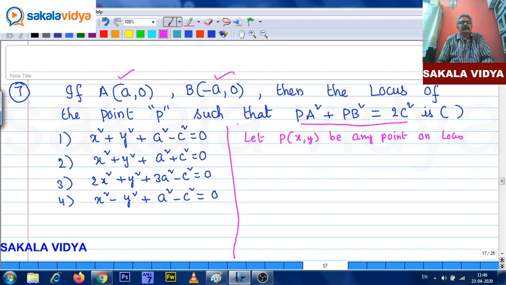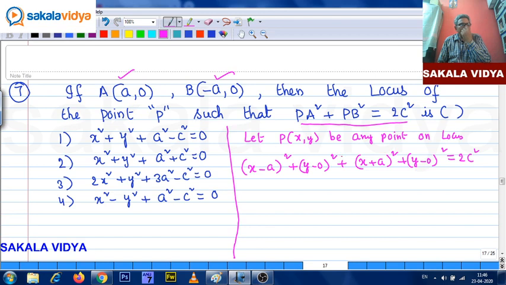PA square means the square of the distance from P to A, plus the square of the distance from P to B, equals 2c square. We can write directly (x minus a) whole square plus (y minus 0) whole square, that is PA square, plus PB square means (x plus a) whole square plus (y minus 0) whole square equals 2c square.